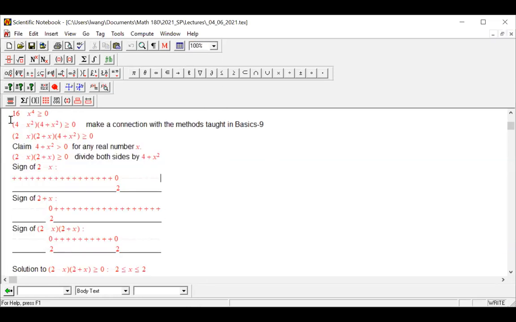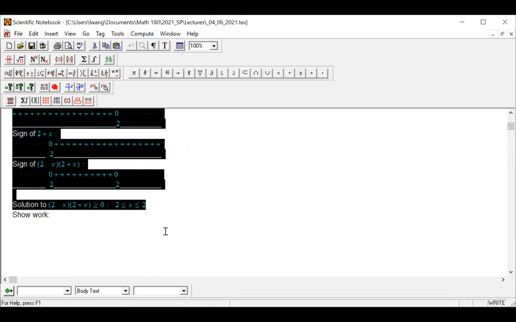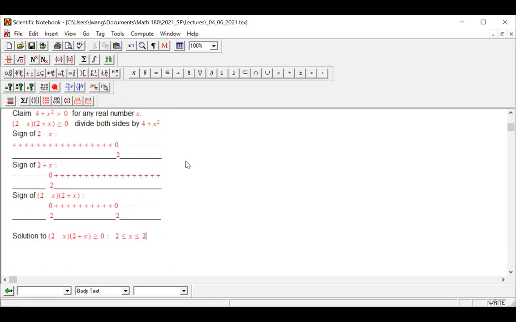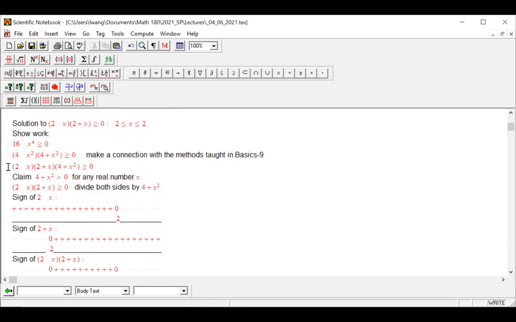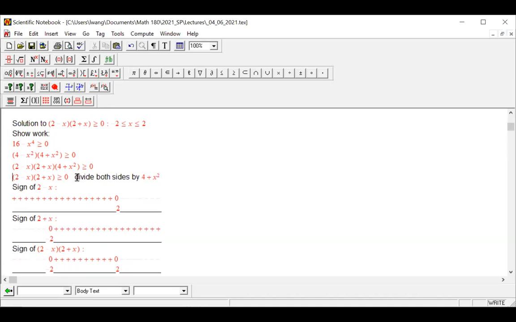So here, from here to there, in terms of showing work, I'm going to just drop these. You don't need to show these, okay? And you don't even need to show that. If you want to tell your reader you've done that, you can.